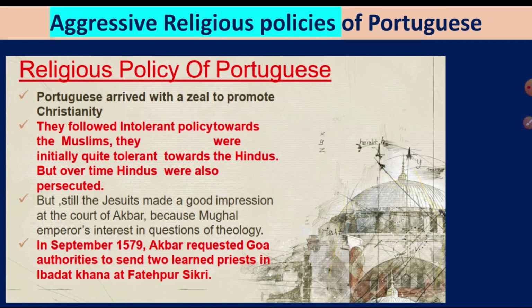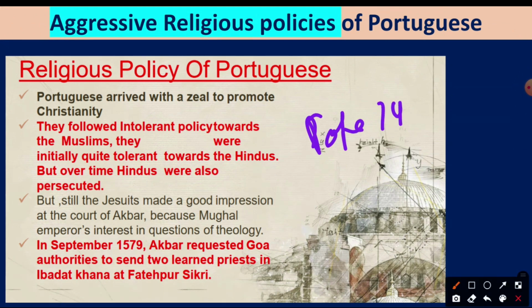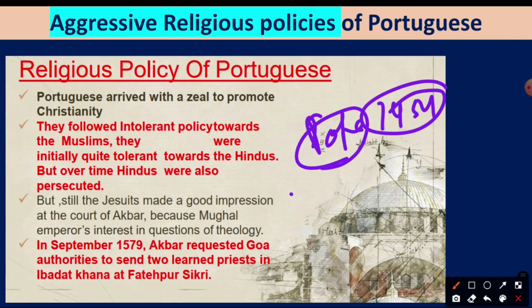Along with that, their religious policies were very aggressive, and for that they later had to suffer a lot of backlash as well. For example, on their arrival, the Pope sent, in 1454, a message to Prince Henry the Navigator to go ahead to these Oriental lands.